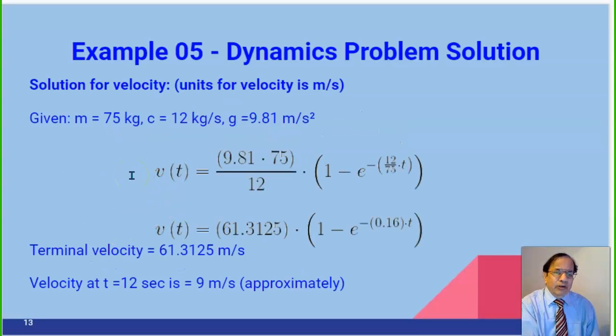Of course, we can solve this by either plotting or by using a program, and we can determine the terminal velocity and the velocity at 12 seconds as discussed above.